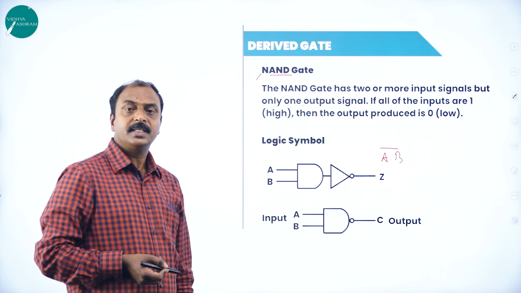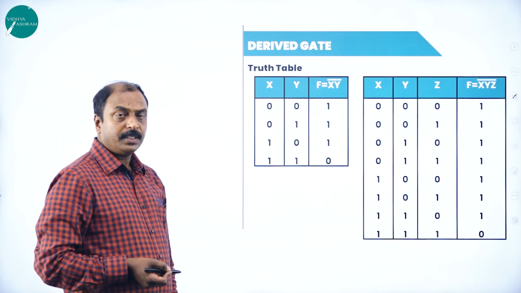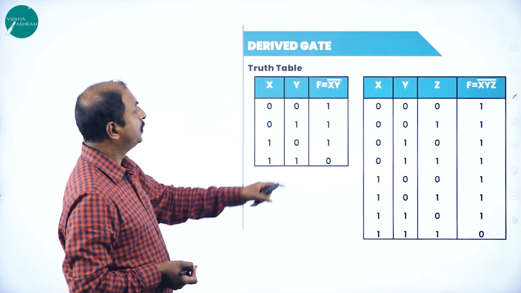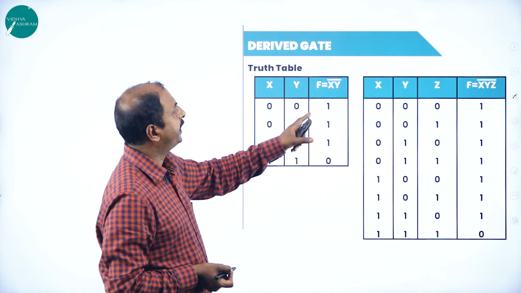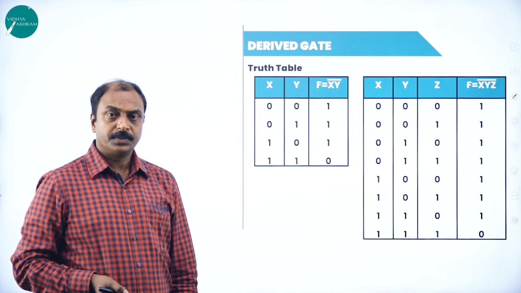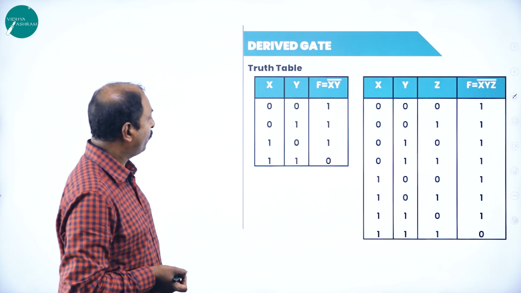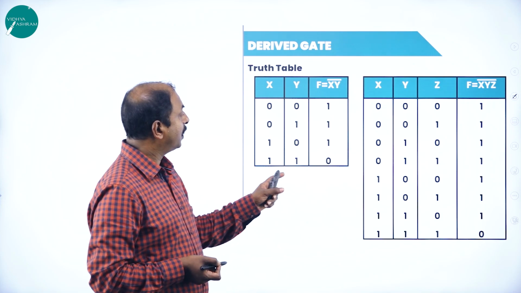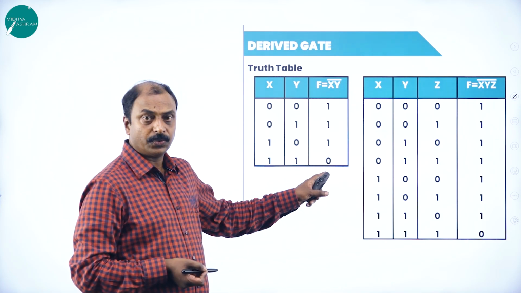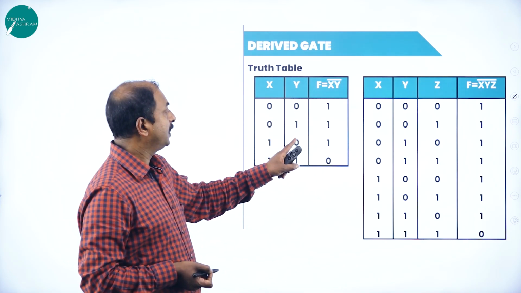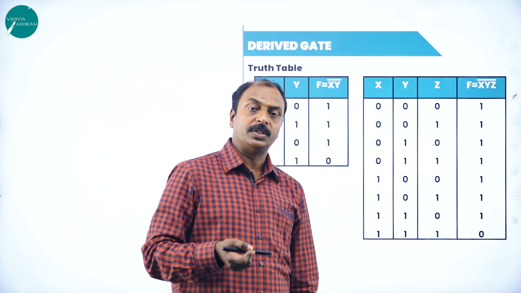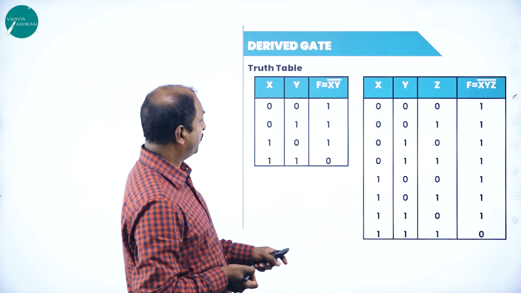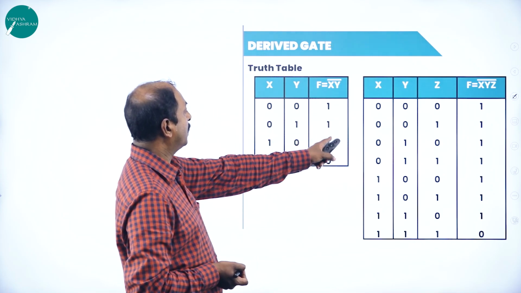Now let us see the truth table for this. This truth table is for the 2 input NAND gate. Again 4 combinations, and according to the definition of the NAND gate, when all the inputs are high, the output is 0. In the rest of the combinations, it has either a 1 or 0 status. So because of that, the output will be 1.